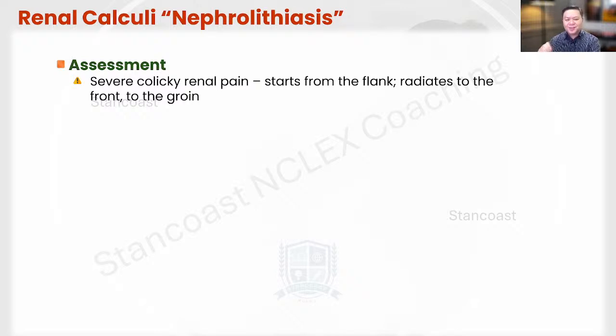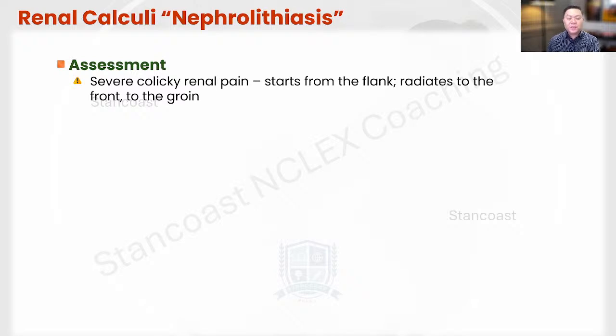As far as the location, it will begin in the flank area, and it will also radiate anteriorly in the abdominal area, the front portion, and radiate to the groin, which will follow the path of the stone. So basically, in the anterior aspect of the body. Please take note of that severe colicky pain starting from the flank area and radiating into the lower abdomen, okay, and to the groin area.